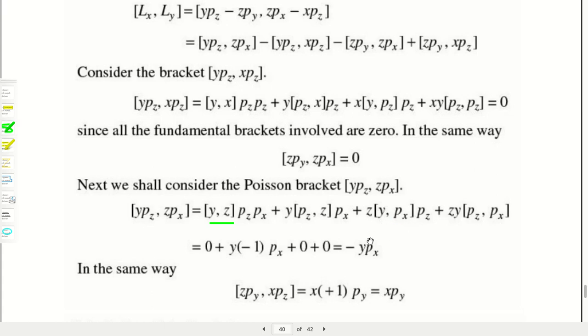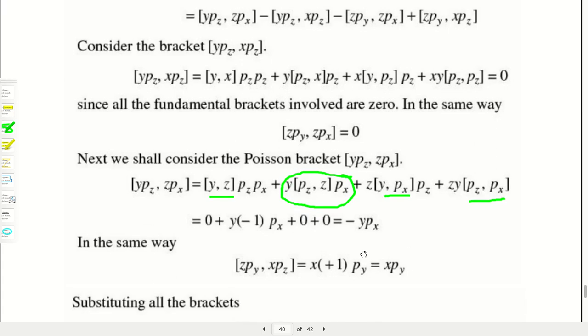This is again 0. This is again 0. But this one will contribute. z comma pz has some value: it is equal to 1, and so this gives minus y. I proved this at the very beginning of my lecture, that it is delta ij.